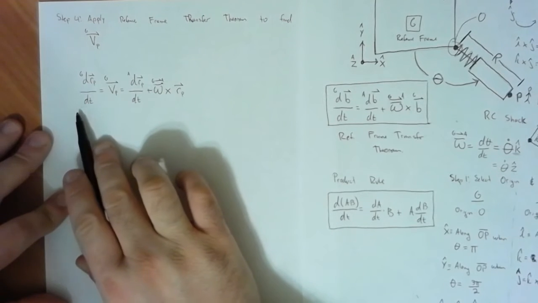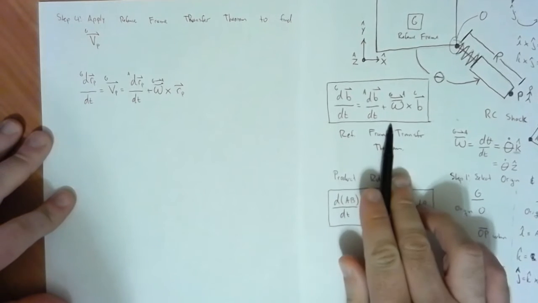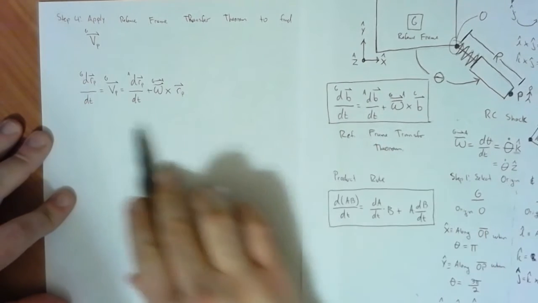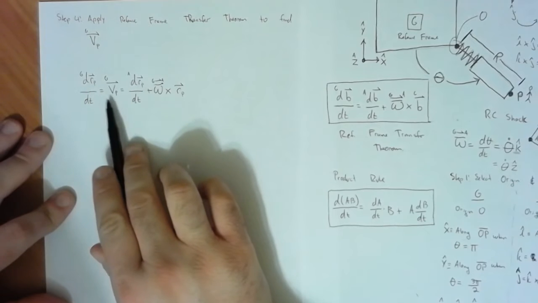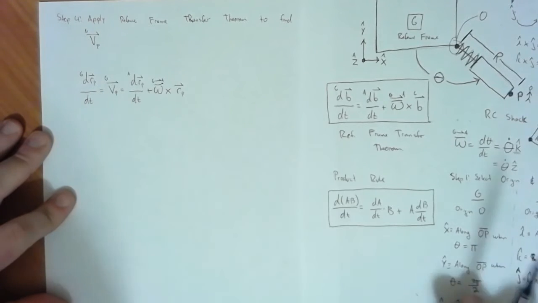All I've done here is write out this formula, but replace B with R_P so that I can get to the velocity of point P in the G reference frame.